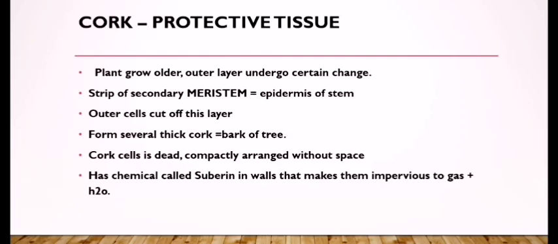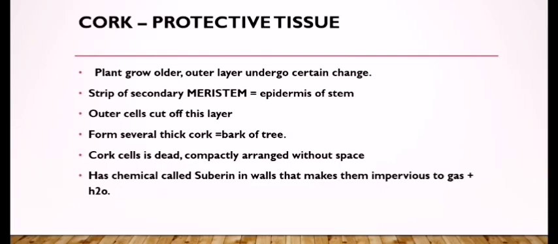We said that there is upper meristem and lower meristem. The secondary meristem in that case is called the epidermis of the stem. The outer cells will cut off this layer, the outer layer of the bark or the outer layer of that particular plant.